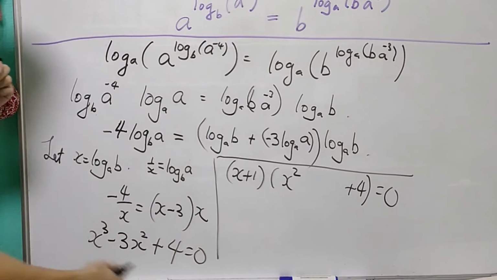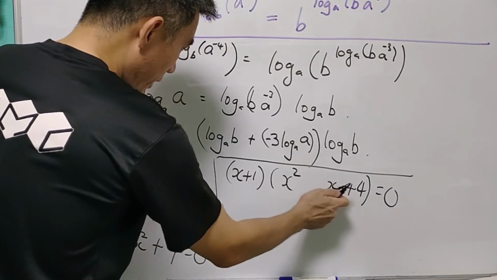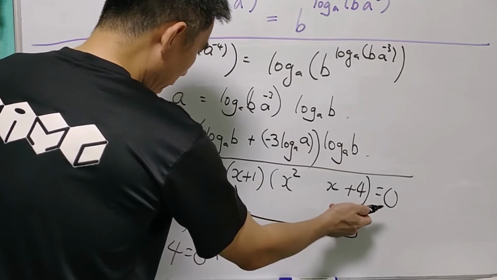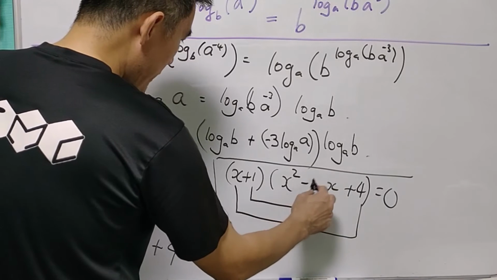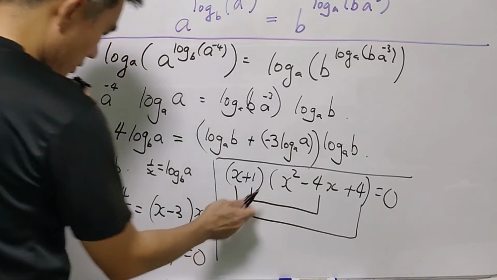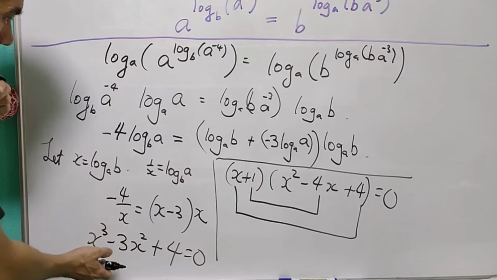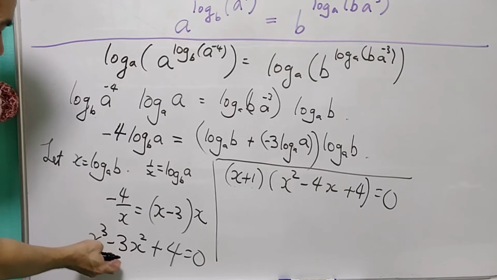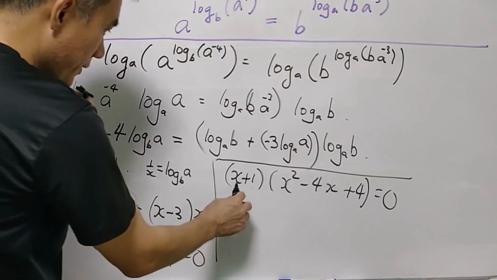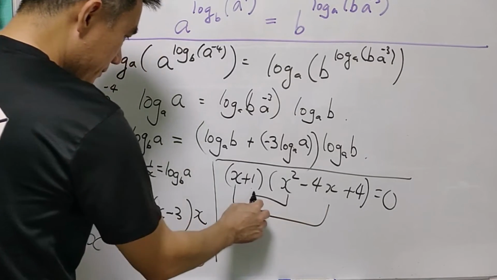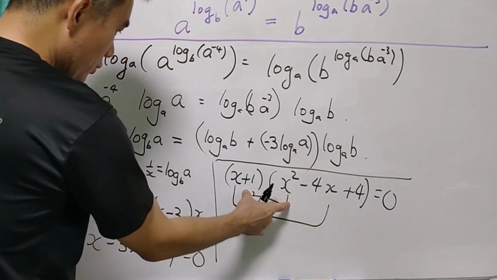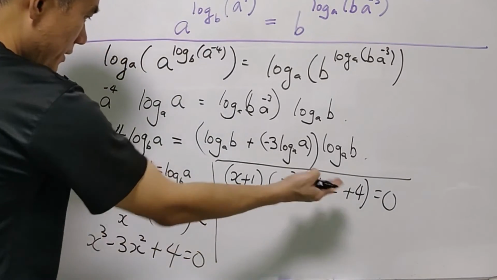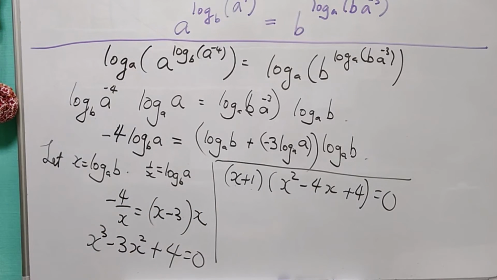We need to determine the coefficient of x. The term in x can only be obtained from here, that is 4x. Then we need to minus 4x here, so that there's no more term in x. The term in x squared can be obtained from here and here. That is -4 plus 1, which is -3. So this is a correct factorization.